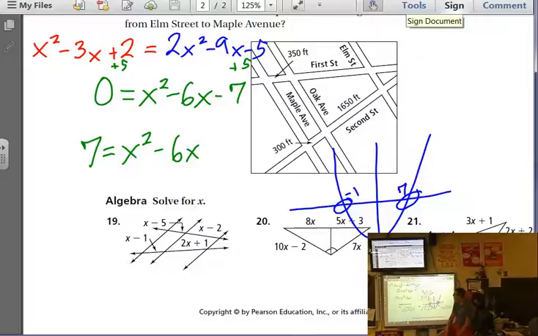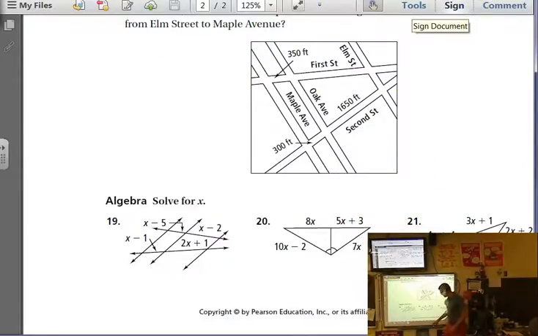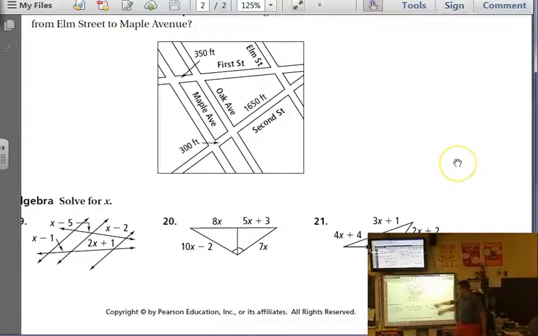Mr. Hudson, for 2021, I got to the last part, so I need to try to find x. I just do trial and error. On those, you should be able to actually solve it. It shouldn't need trial and error. Let me check this.